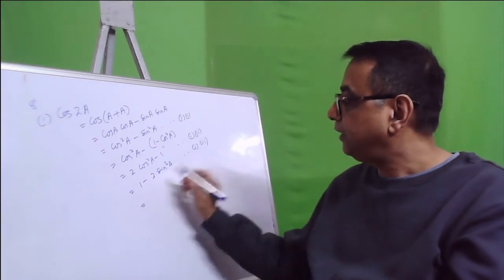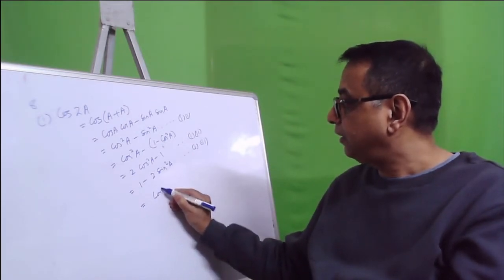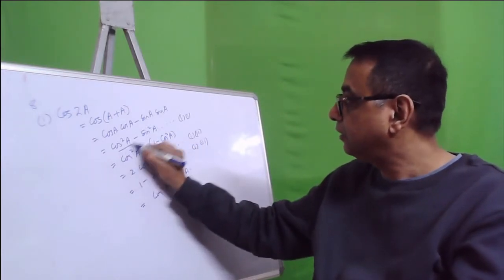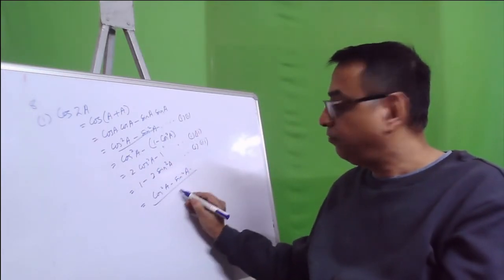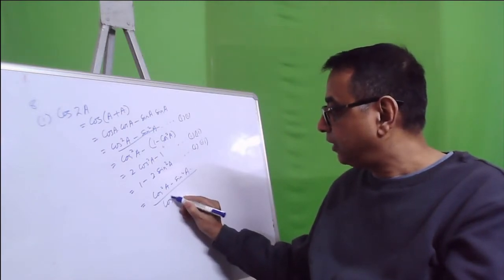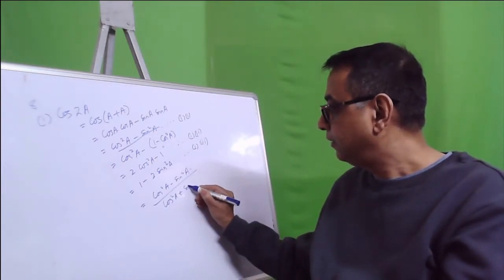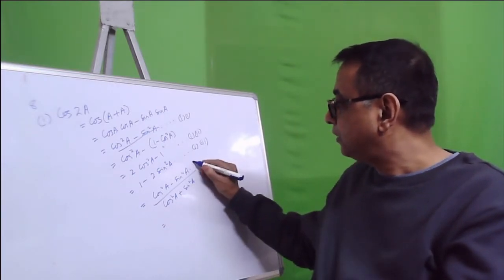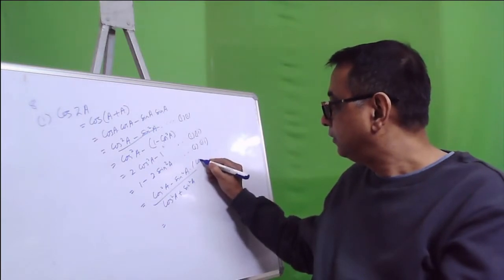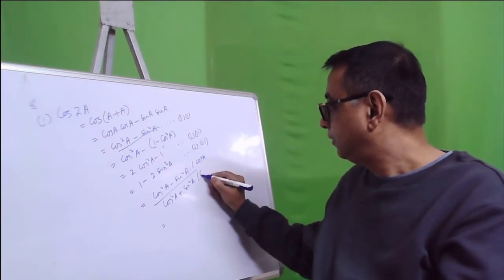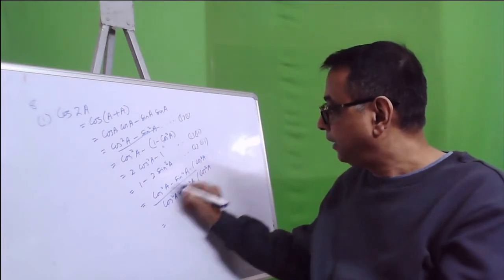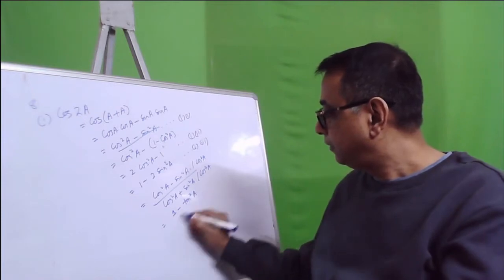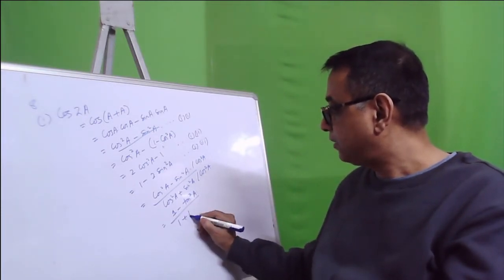We can also write it like this: cos square A minus sin square A, which is the original, divided by 1. 1 means cos square A plus sin square A. And we divide both the sides by cos square, then it will become 1 minus tan square A, and this will become 1 plus tan square A.